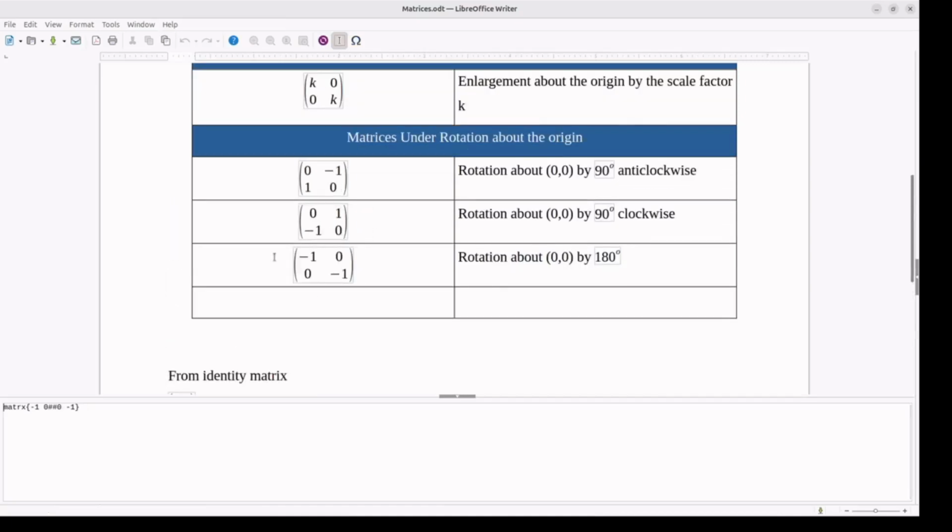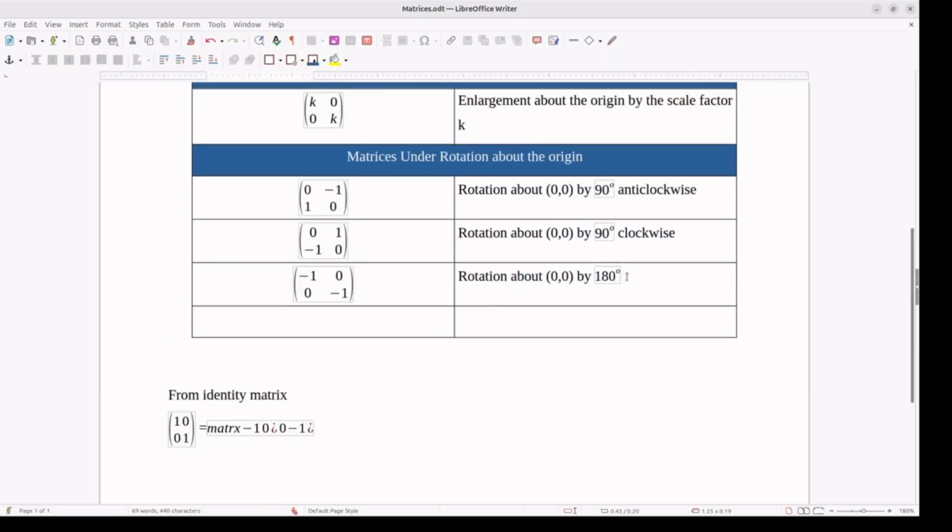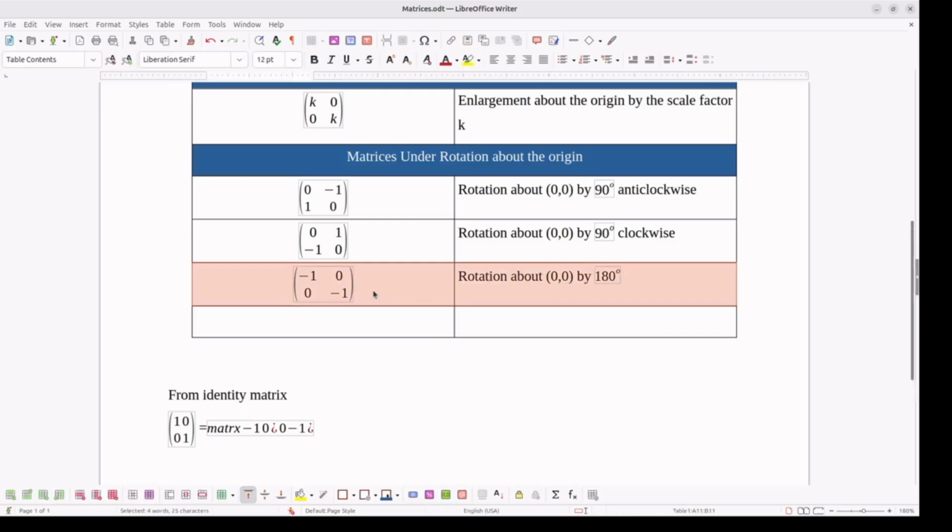So this is the matrix they are looking for. And basically that's how you find it.